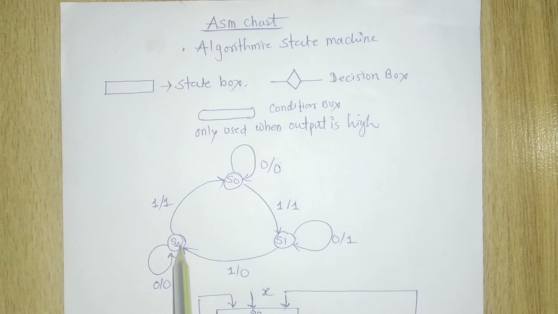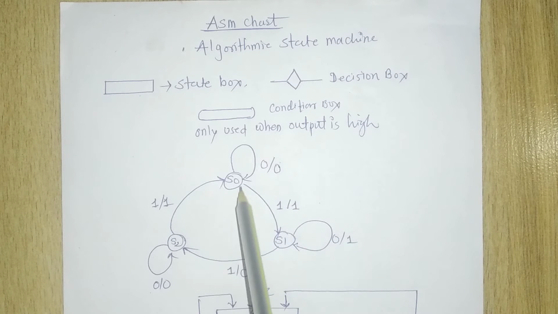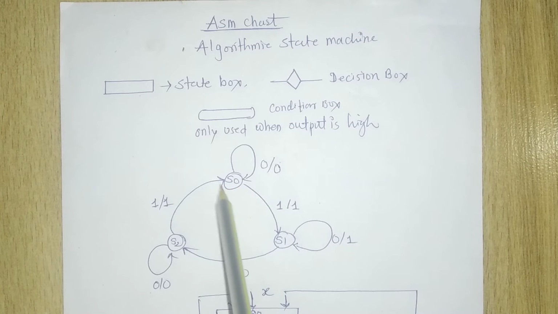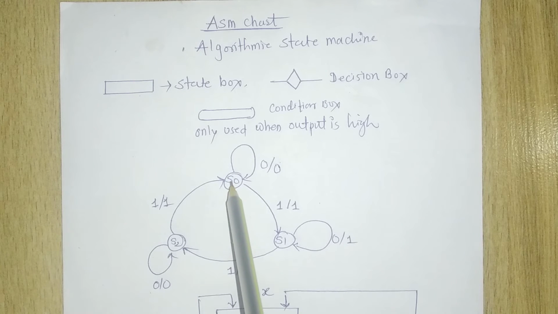These three states are there in this finite state diagram, and we have transitions. There is a transition if there are inputs to the state S0, then that state will change to the next state.